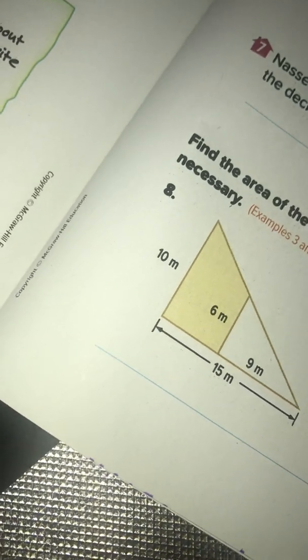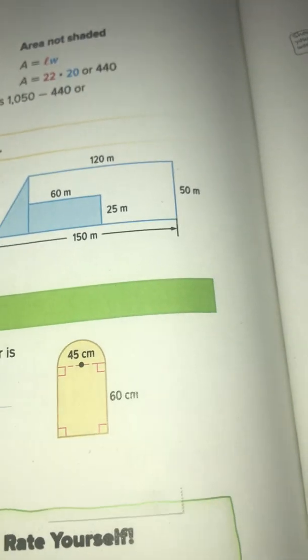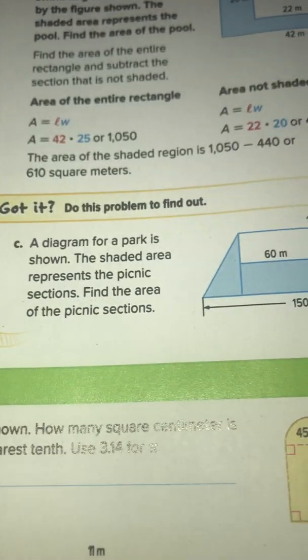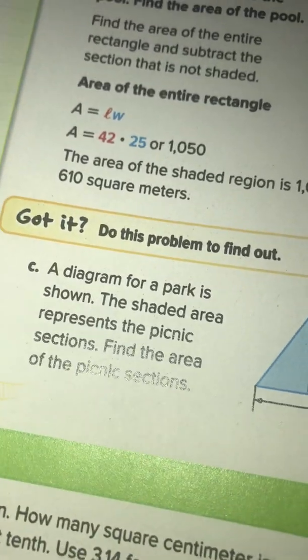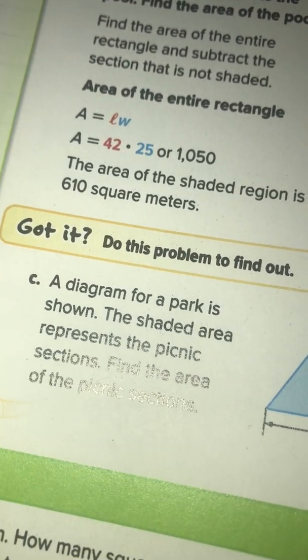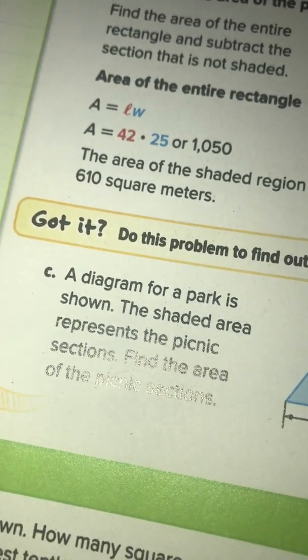I'm trying to find another shape to do. Can we do this one? Let's do this one, okay? So I'm going to do example C. You're going to do the rest. I'm not going to do all of them for you. So you need to make sure whatever you're seeing, you're reading the correct shape and the correct values, okay?